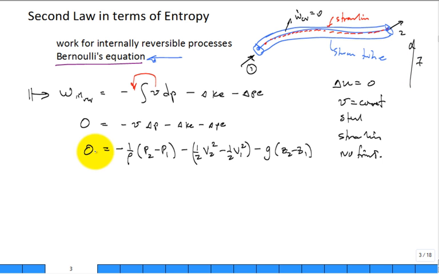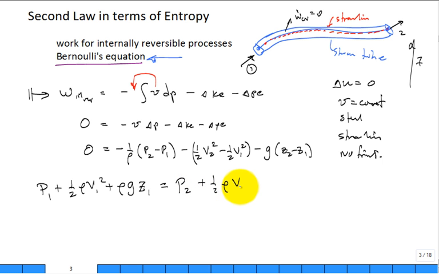So now I can multiply through by rho and organize, and let's put all the P1 plus 1/2 rho V1 squared plus rho GZ1 is equal to P2 on exit plus 1/2 rho V2 squared plus rho GZ2.